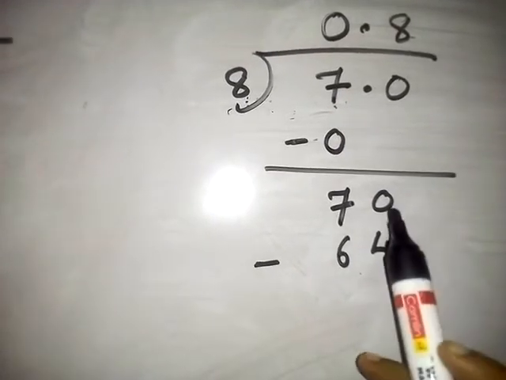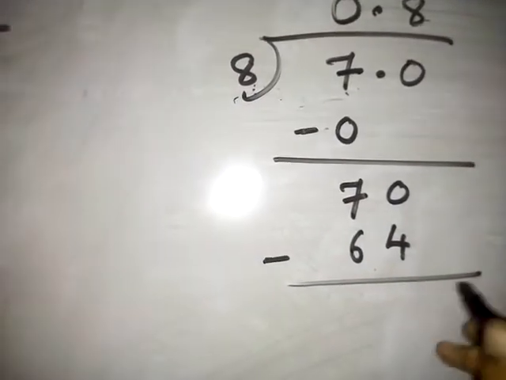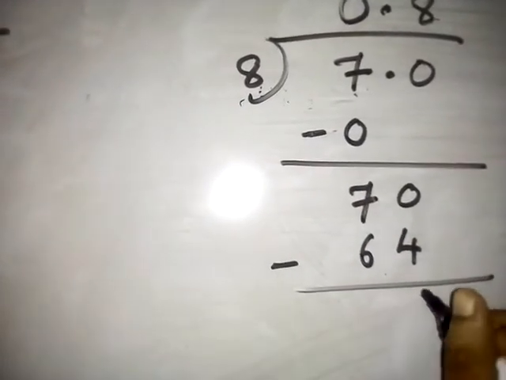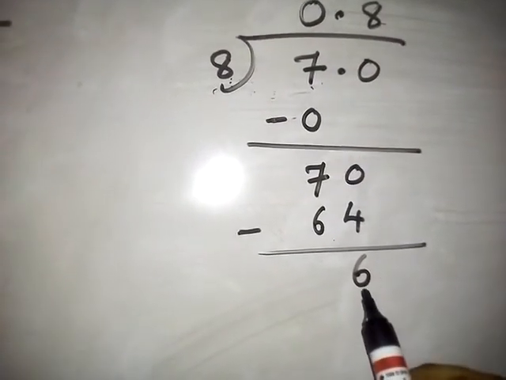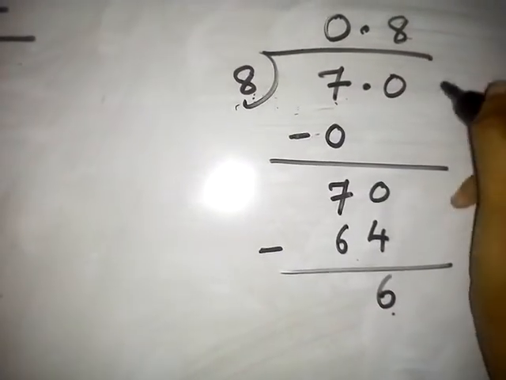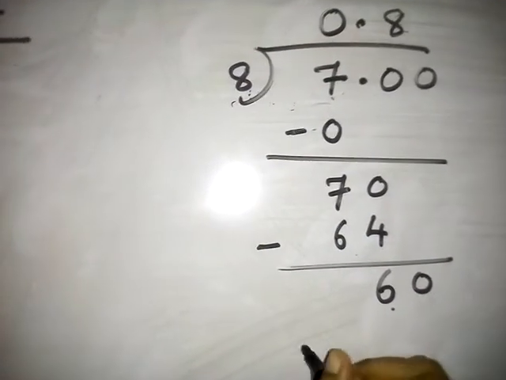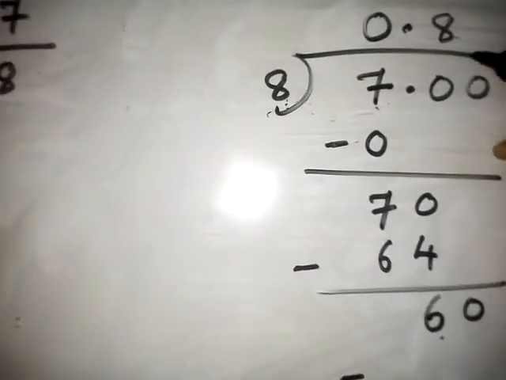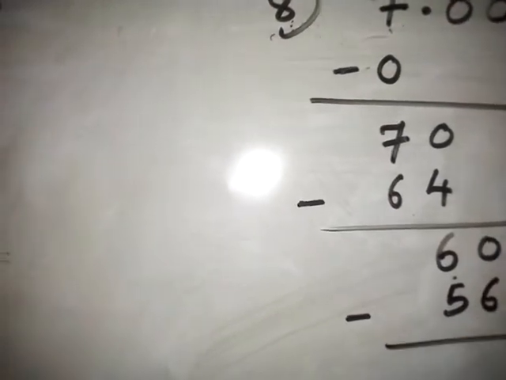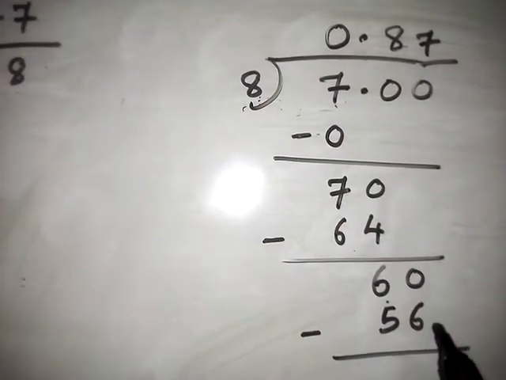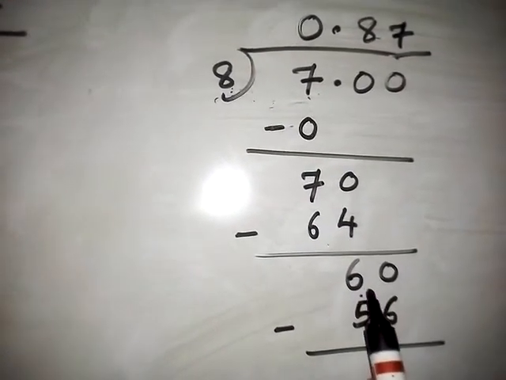If the dividend is not divisible by the divisor, 70 minus 64, the answer is 6. Take 0 again. 8 7s are 56, because the last smaller number is 8 7s are 56. 8 8s are 64, 64 is greater than 60.